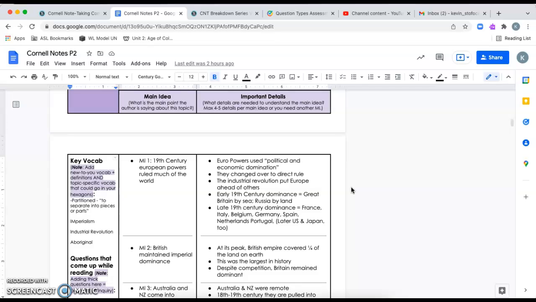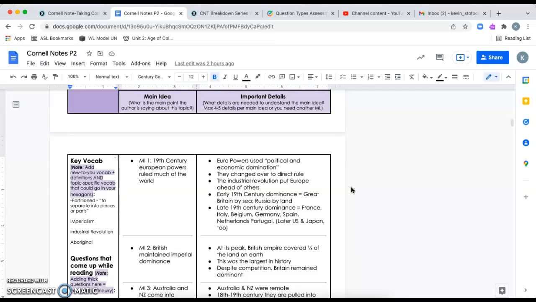I say usually because sometimes you may get up to 5, but sometimes you may only have 3 points, 2 points because it's a really short main idea with details, and you just can't pull out more. So 4 is a good number to be thinking about, but you can have up to 5.